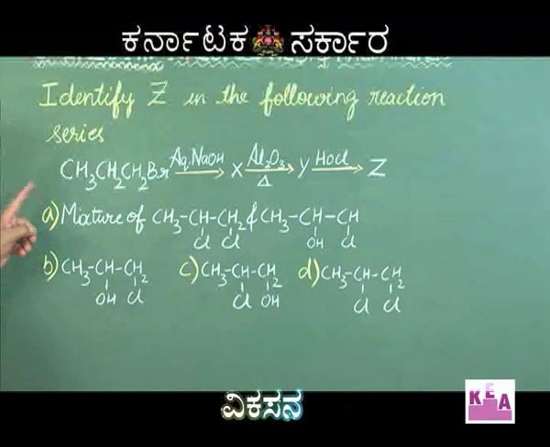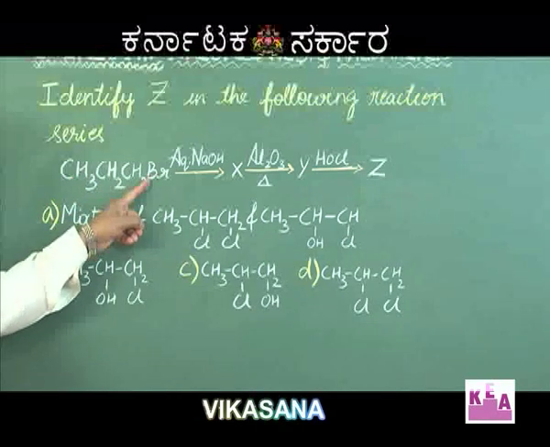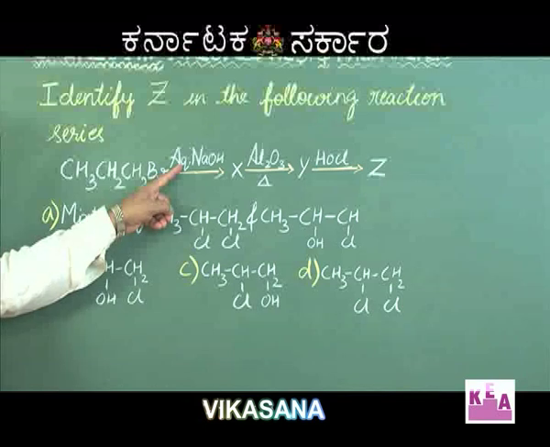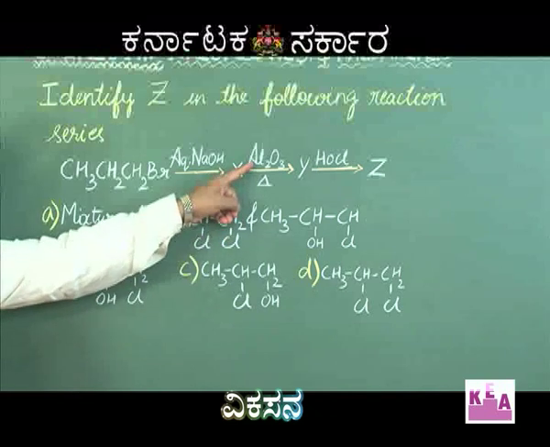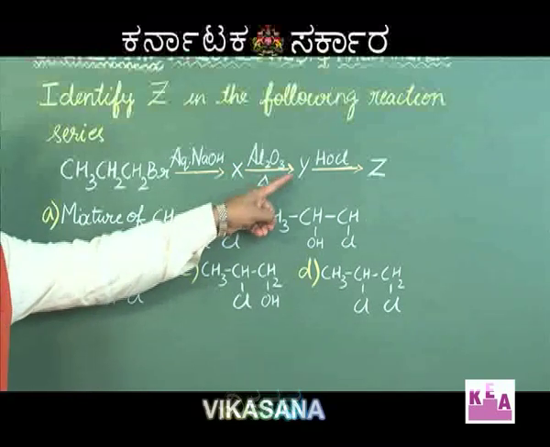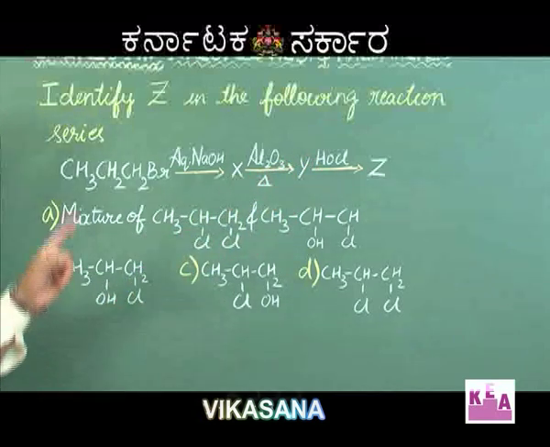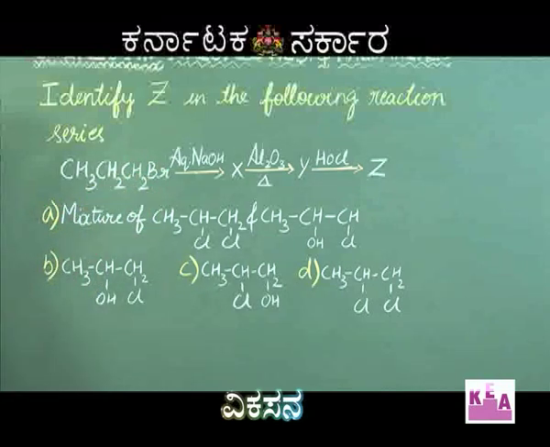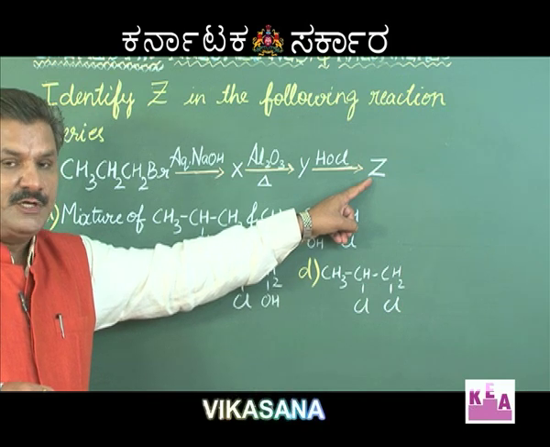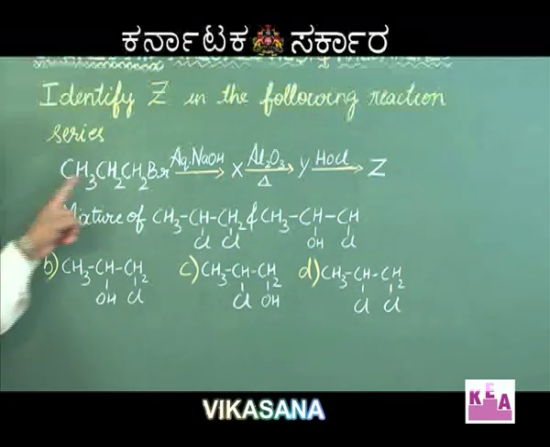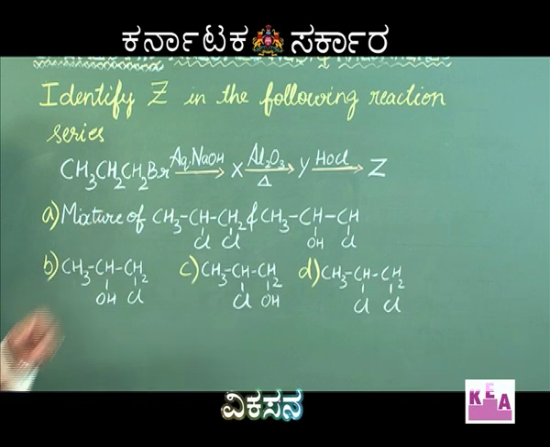In this series, first we have CH3CH2CH2Br reacting with aqueous NaOH giving X. This on heating with alumina gives Y. Y reacts with HOCl to give Z. In this series, we need to identify Z, the end product in the reaction. The end product can be predicted when we write this series completely.